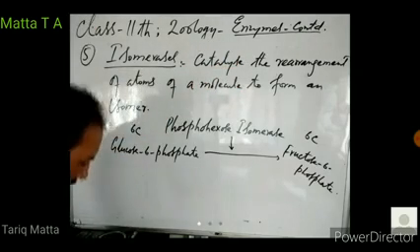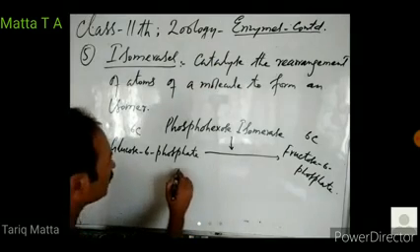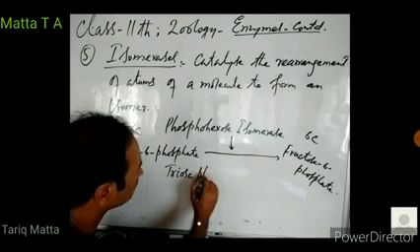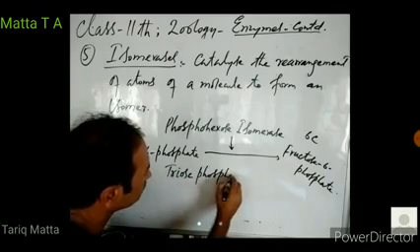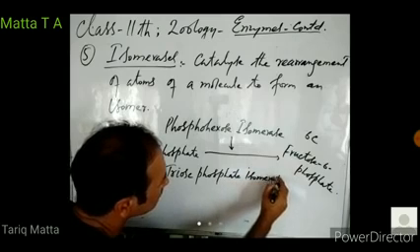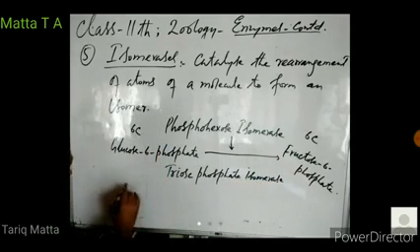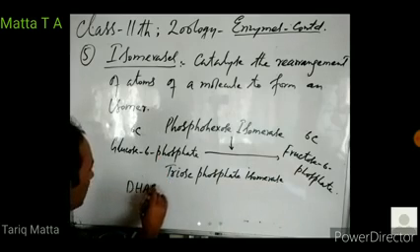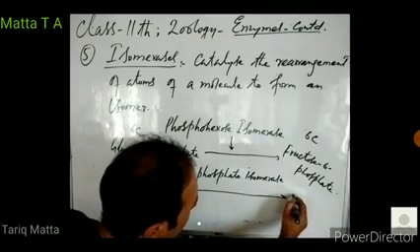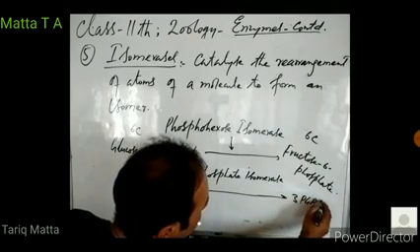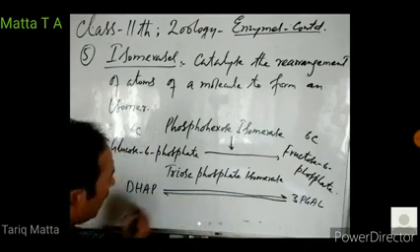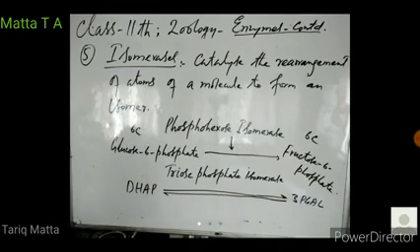Similarly, we have another enzyme that is known as triose phosphate isomerase. It converts dihydroxyacetone phosphate into 3-phosphoglyceraldehyde, or it converts 3-phosphoglyceraldehyde into dihydroxyacetone phosphate. So they are interconvertible.